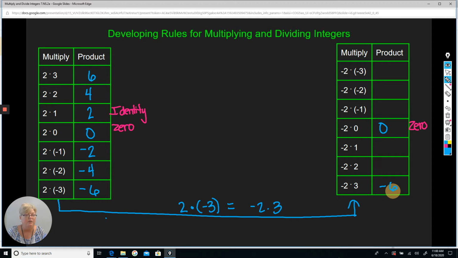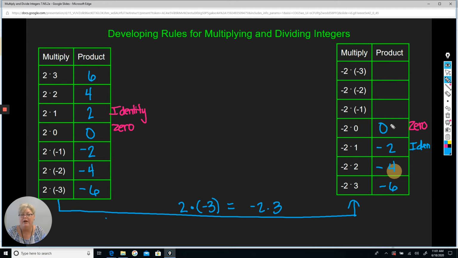What other one do you think we can figure out? Right here, identity property. I ran out of room to write that, but you know that's the identity property. -2 times 1, anything times 1 is that number, so that would be -2. Looking at the pattern that's starting here, I have -2 times 3 is -6. -2 times 2 would be -4.